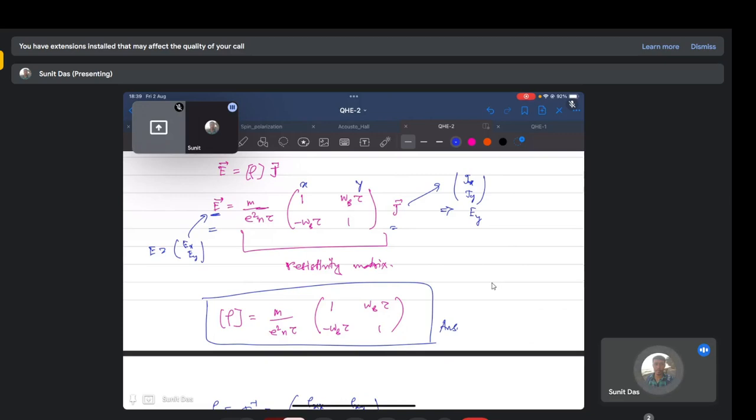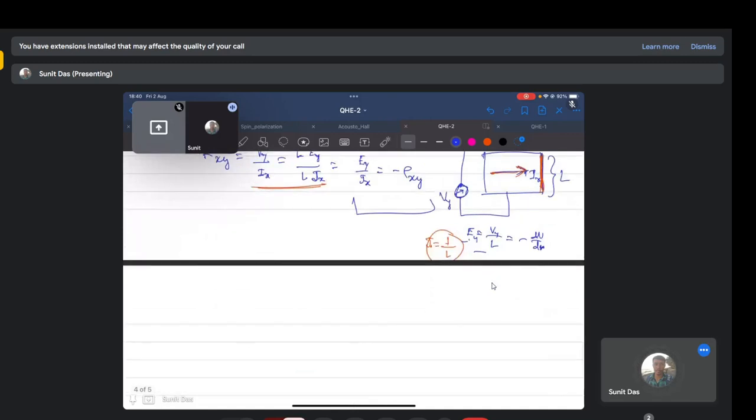So then that will be related as Ey equal to minus omega_c tau, and then this term m by e square n tau, which is related to Jx, and then plus, let's say, if there is some term, I mean m by e square n tau, and then just simply Jy. Okay, and what we are trying to find is that Ey by Jx because of Hall resistivity.